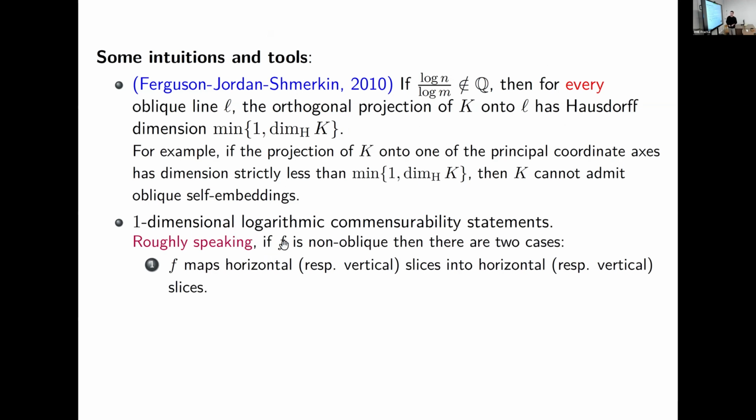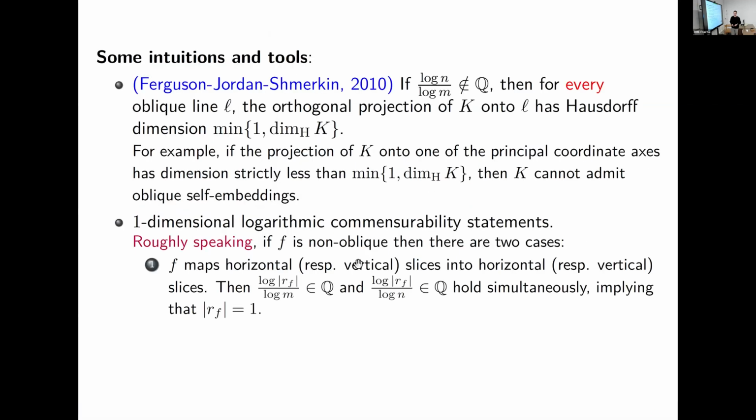First we always prove that the self-embedding is non-oblique, and then we prove the logarithmic commensurability. So if we have already proved the non-obliqueness statement, then we can divide the question into two cases. The first one is, since it's not oblique, it will map horizontal slices into horizontal slices.